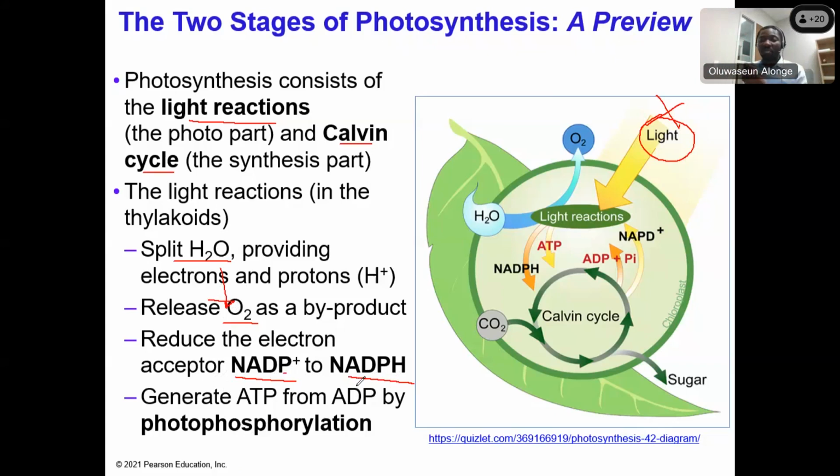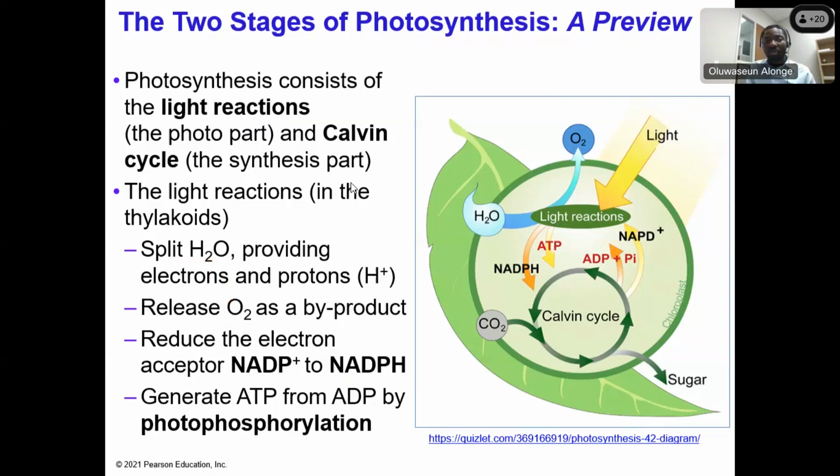So it's going to become NADPH when it accepts the electrons, because the electrons accepted are also going to be used in the Calvin cycle. So this is going to accept electron and now become NADPH. Then ATP will be generated through photophosphorylation in this case, and you'll be seeing that as we study the process as we go.